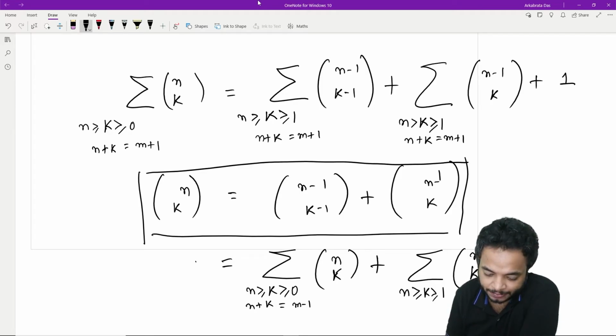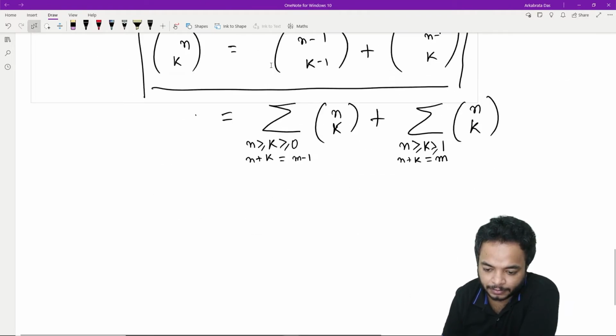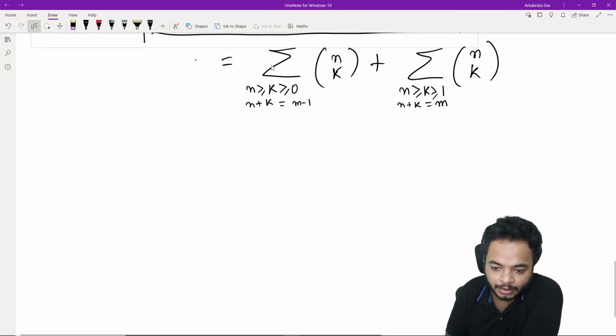So n plus k is equal to m. Okay, so now this is the sum we boil down to. Now we have to bring it down into the form we want.